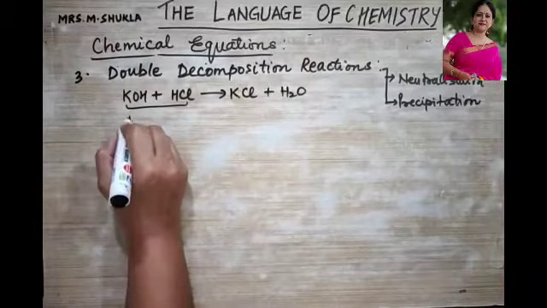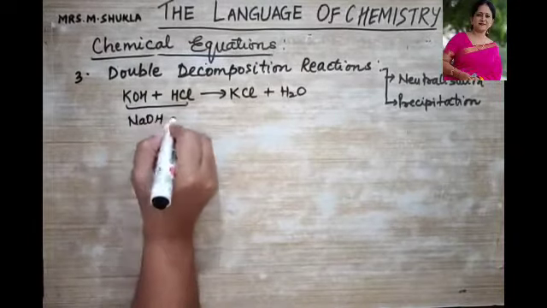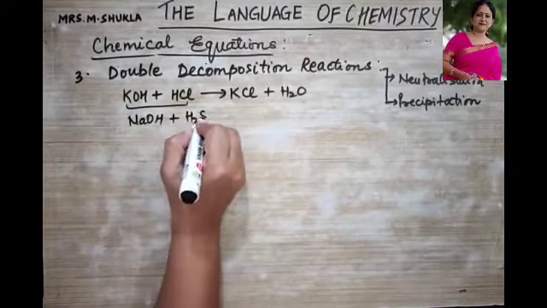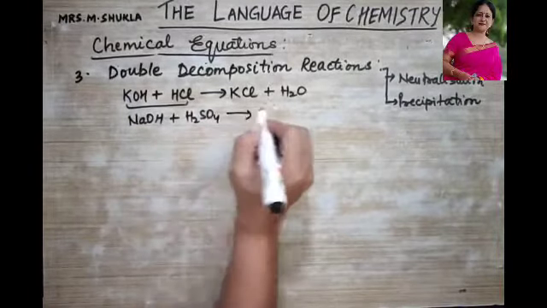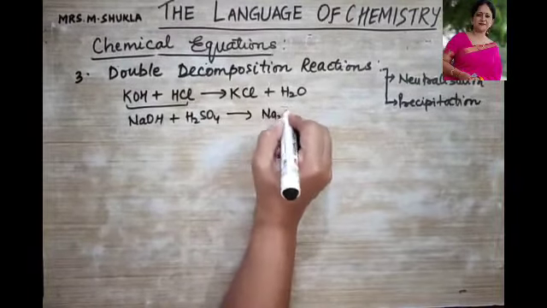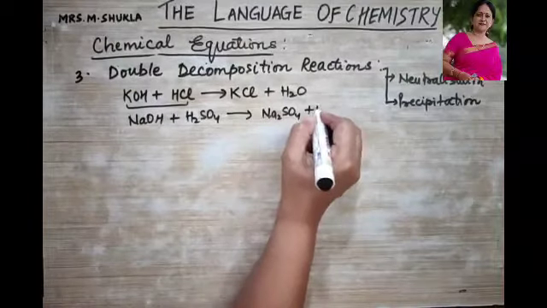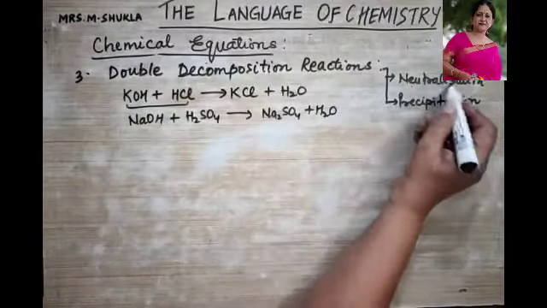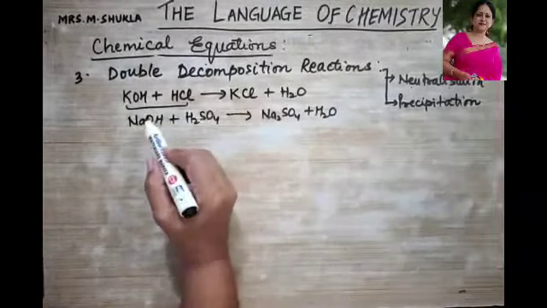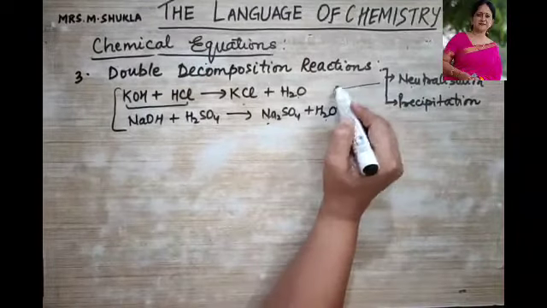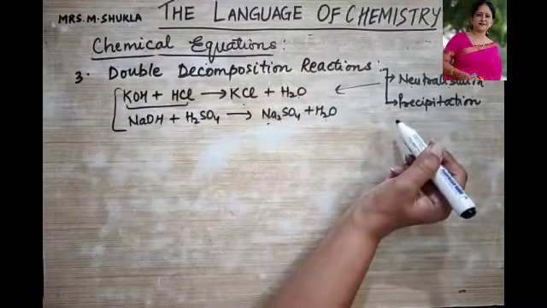Another example: NaOH treated with H2SO4 forms Na2SO4 plus H2O. So what did I tell you? When bases combine with acids, they form salt and water. Such reactions are called neutralization reactions.